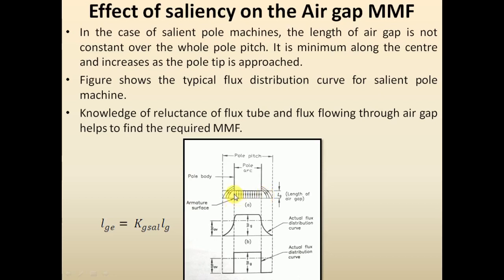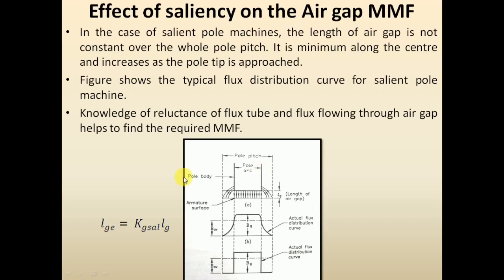You will be able to see here there is more crowding of flux lines at the pole center, and as we are moving towards the pole tip, the crowding of flux lines has been reduced and the length of air gap is this much. That is, the length of air gap has been increased. So due to this saliency in the salient pole generator, you can say that the length of air gap is not uniform.